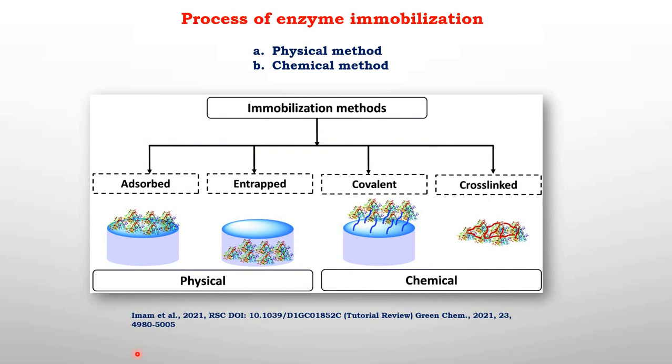The process of enzyme immobilization is very important, and there are two major processes. We can distinguish them as physical method and chemical method. Within the physical method, the enzymes can be adsorbed or entrapped. In the chemical method, they can be covalently linked or cross-linked.